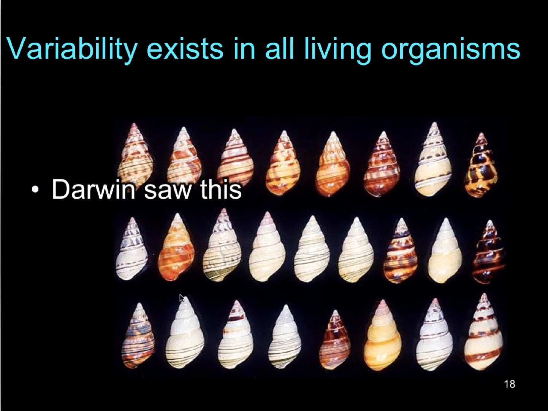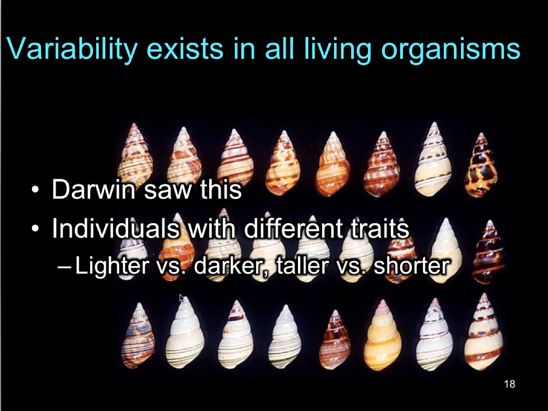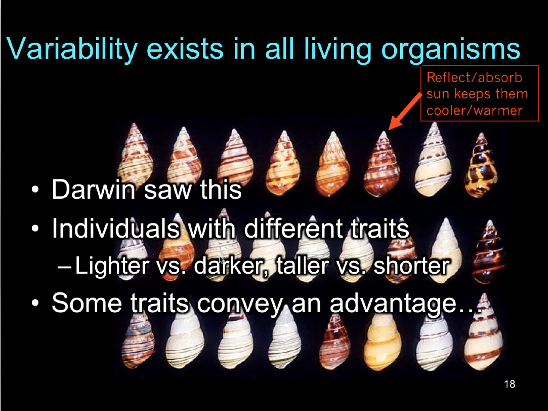So Darwin recognized this, and he suggested that these heritable traits can provide some sort of advantage under certain environmental conditions. For example, some of these shells are lighter, some of them are darker, and in this case, the darker ones actually absorb more heat. Well, that might be good if you're living in northern latitudes, in the range of this particular snail on the East Coast. In the northern latitudes, it's probably nice to be a darker color because you're absorbing more sunlight and you're staying nice and warm.